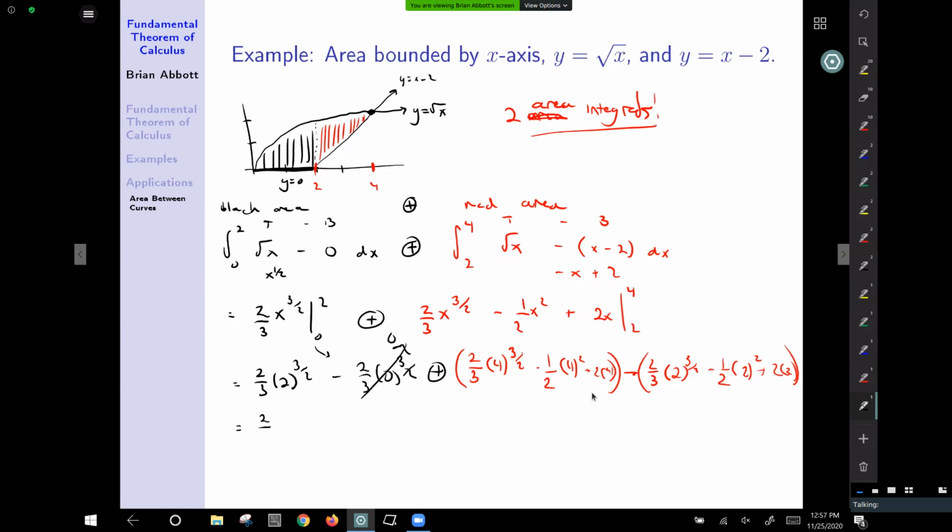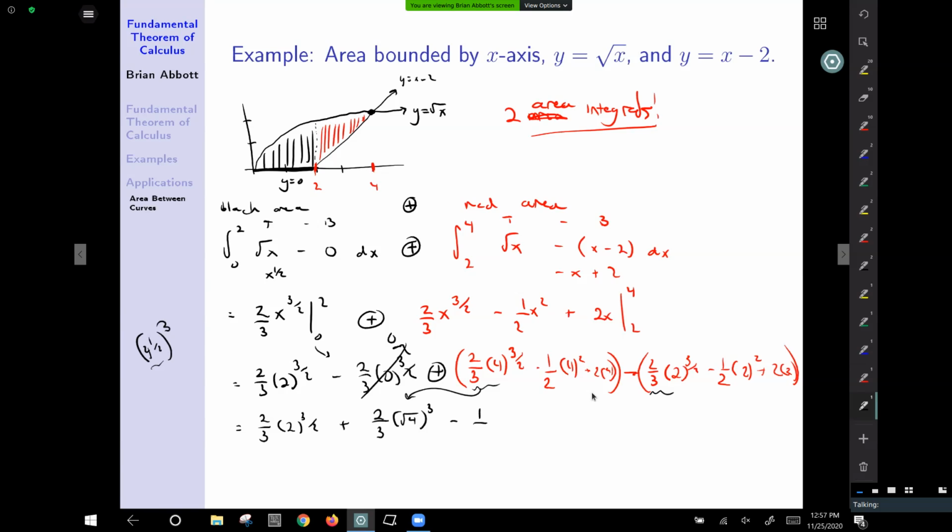All right, this all equals, well, I'm going to drop colors now. It equals 2/3 times 2 to the 3/2 power. I'm not going to try and simplify that because I'm looking ahead and seeing that we're going to be able to subtract that guy off. Plus 2/3. This guy right here, I'm going to turn into the square root of 4 raised to the 3rd power. Now we've seen that before, but 4 to the 3/2 power is 4 to the 1/2 raised to the 3rd power, and so that's how you can put that 4 into a square root.